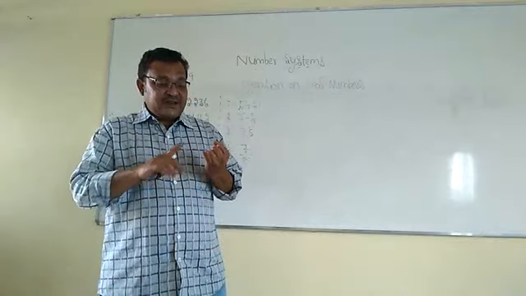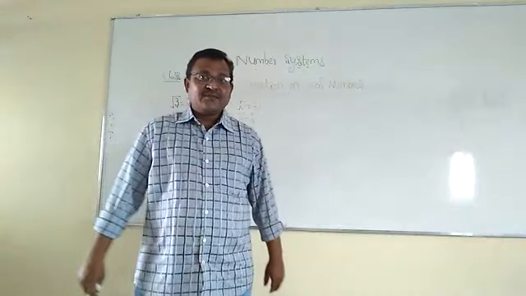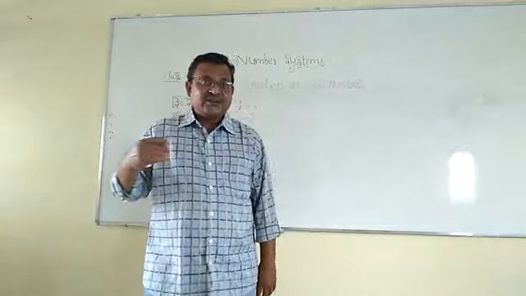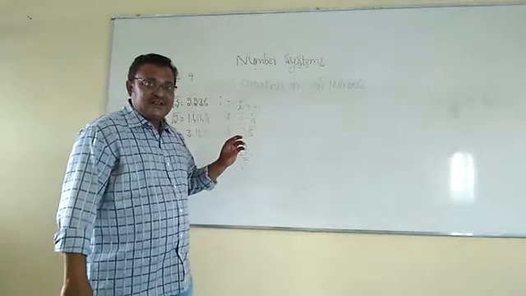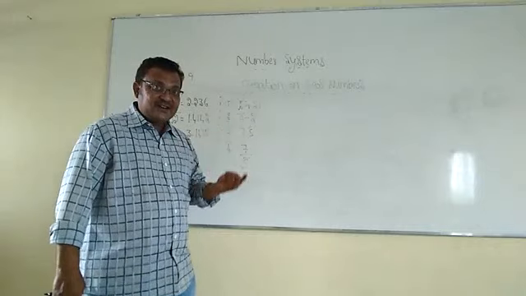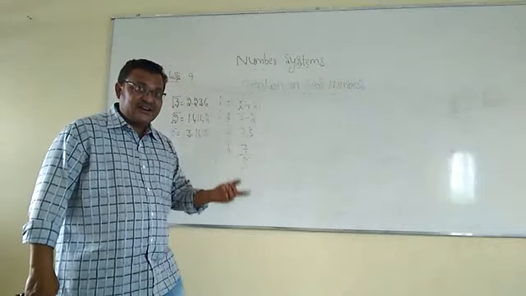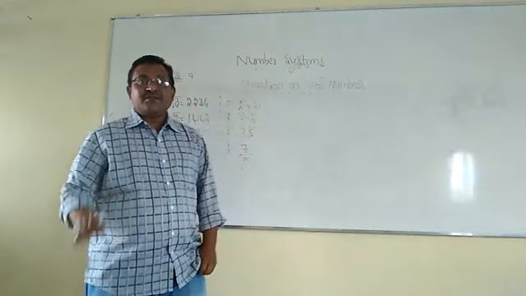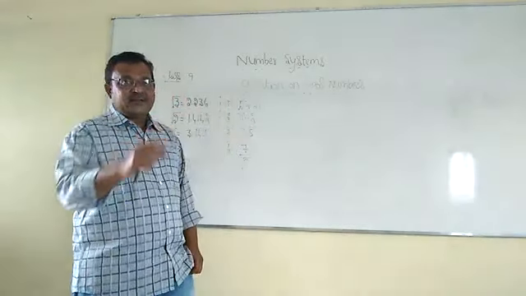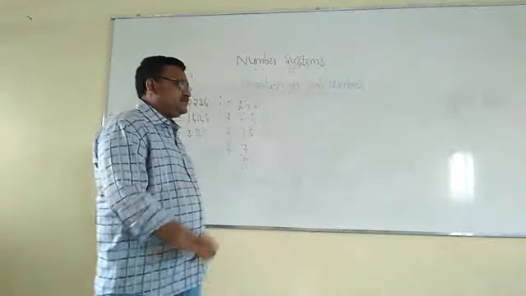And what about when one is rational and one is irrational? So we will check these four operations. That means one number is rational, one number is irrational. Addition of rational and irrational numbers, subtraction of rational and irrational, multiplication of rational and irrational, and division of rational and irrational. What will be the result? So we will see.